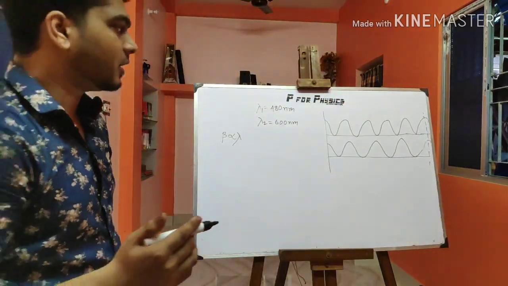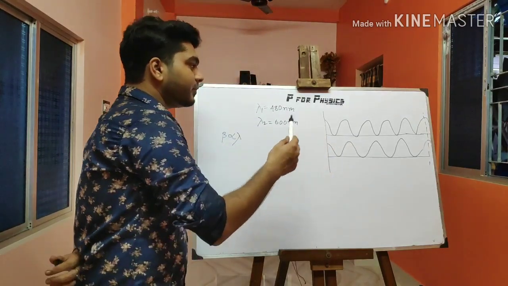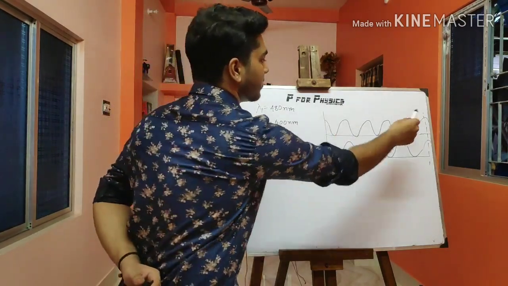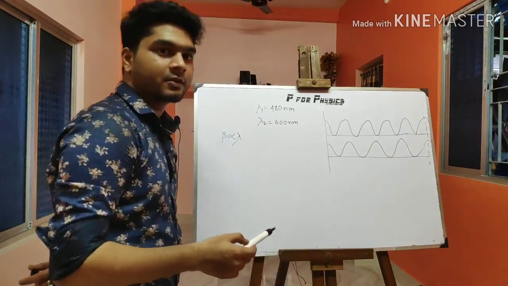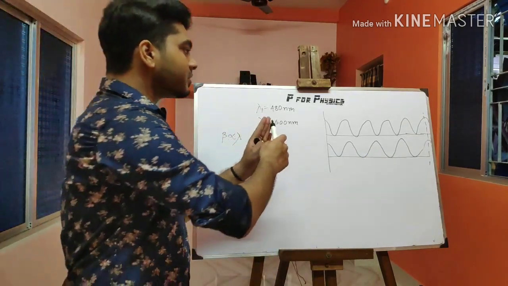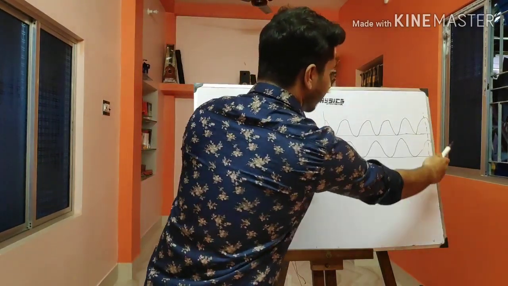If we count, we can clearly see the one with the less wide fringes has more fringes, and this has fewer fringes. So the idea is the total distance from the central maxima is equal for both.